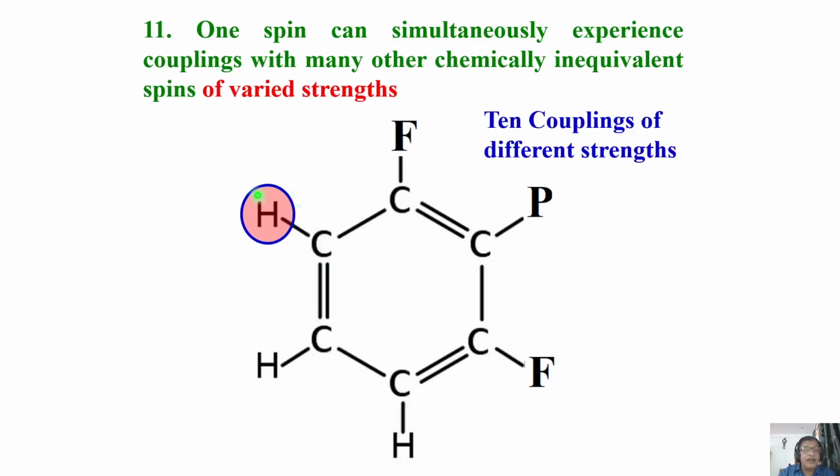This proton alone, if you have counted, you would have got 10 different couplings, assuming all nuclei are coupled to this proton.